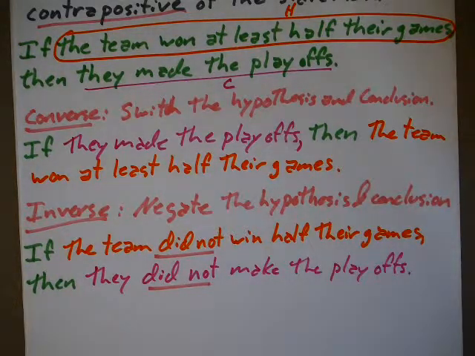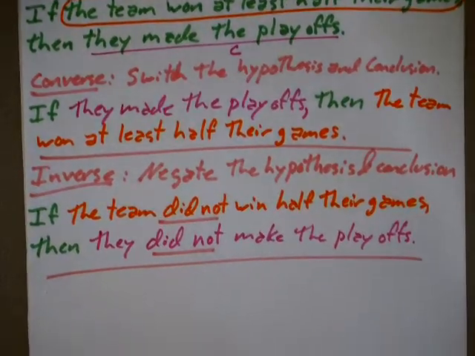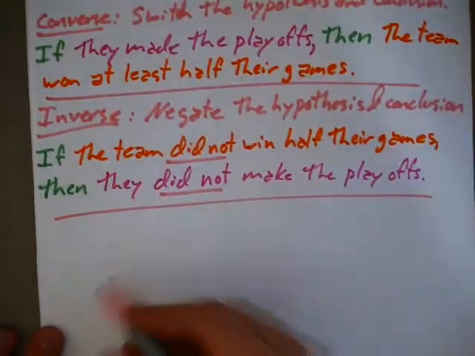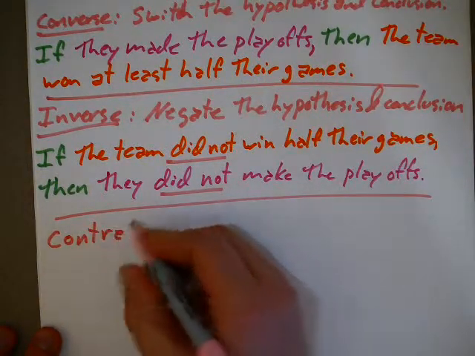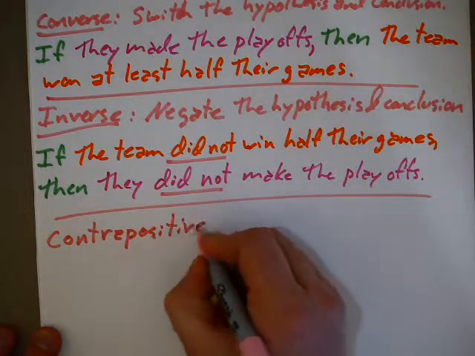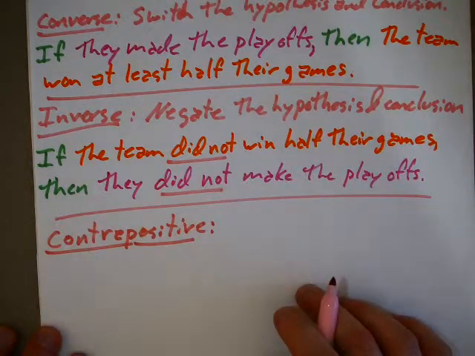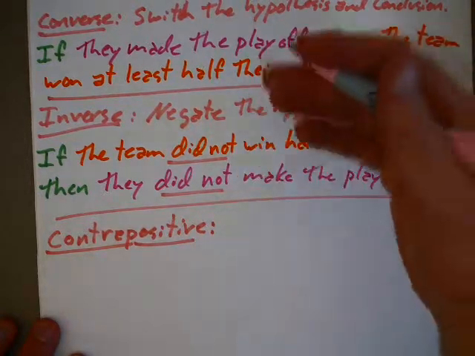Okay, next related conditional, the third and final related conditional that we're going to discuss, is what is known as the contrapositive. For the contrapositive, we're going to sort of combine the converse and the inverse.